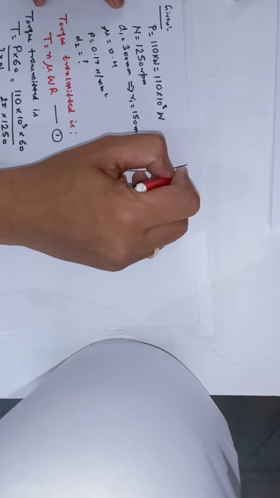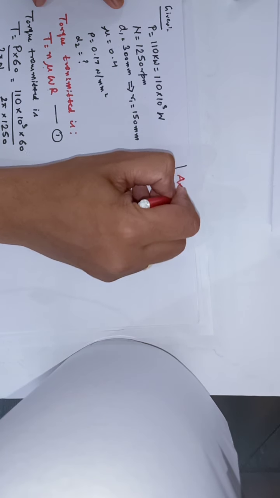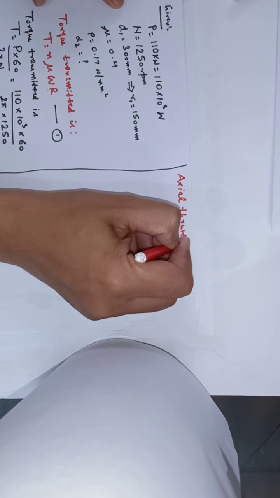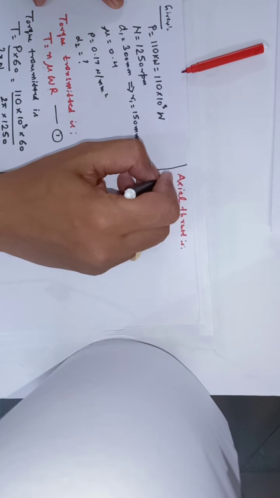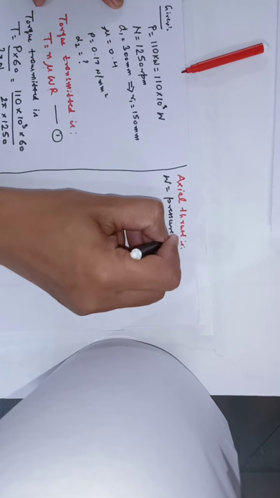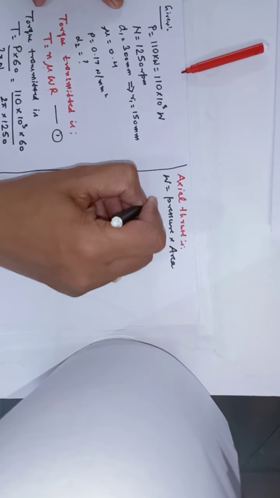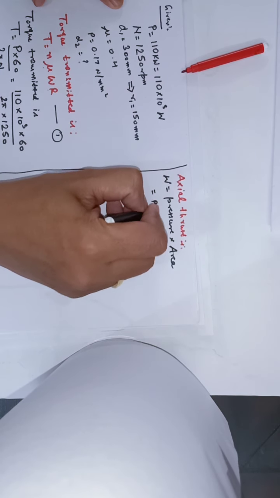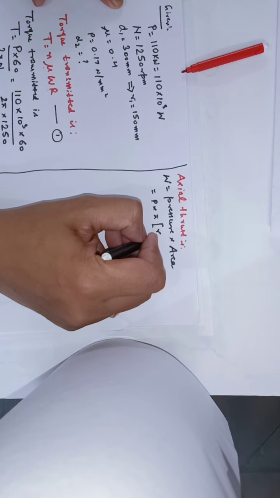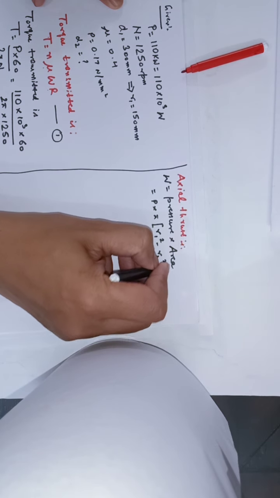Next we have to discuss the axial thrust, W. We know W is thrust, pressure into area. That is P into pi into R1 square minus R2 square.